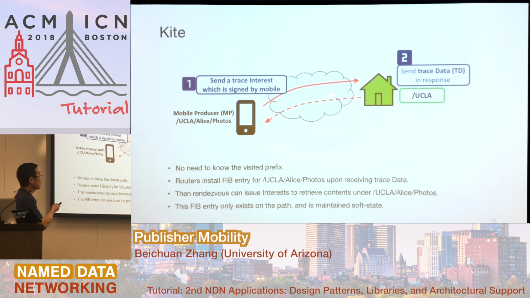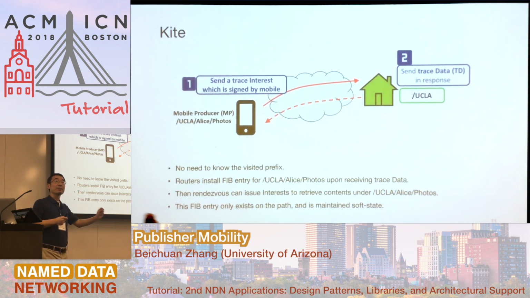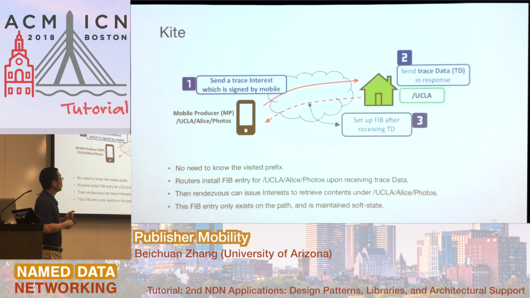That special packet will follow the PID entry established by the previous interest. So it follows the exact path. But that trace data has some special component in its name. So every router in the middle is going to recognize this is a special trace data packet.